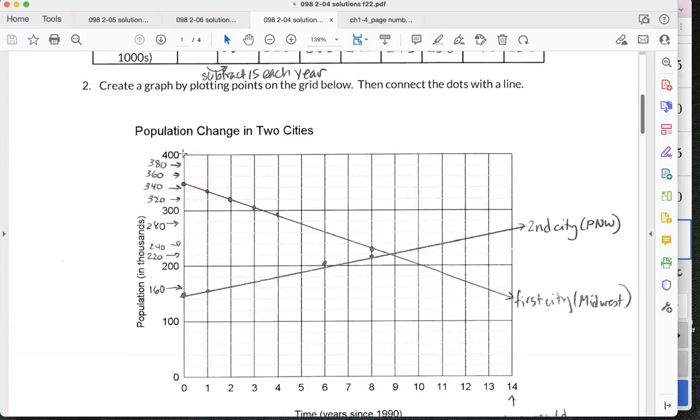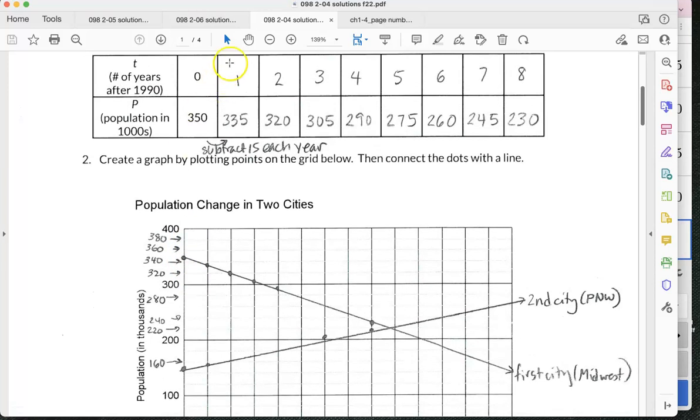So I start at 350, and then at year 1, the population went down to 335. So there I am, I'm like, well, that's a little bit below 340. So I didn't put it in the middle, I put it a little bit closer to the 340 than the 320. And then at year 2, we're at 320, so I put it exactly on that minor grid line. And you get the idea, you just keep estimating the location of the point.